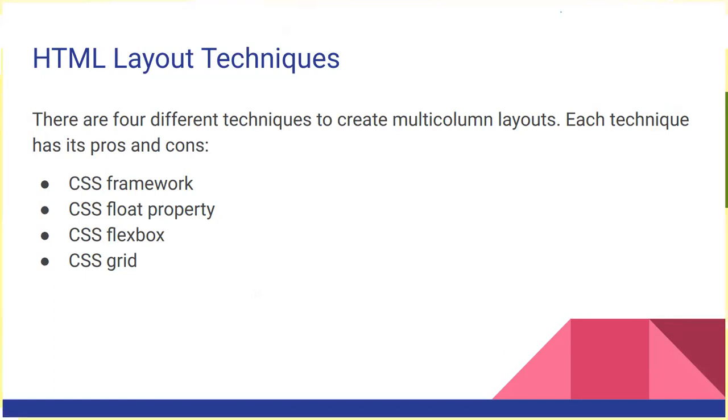To build a layout, there are four techniques we can use: a CSS framework, the CSS float property, CSS flexbox, or CSS grid. We can cover these once we talk about CSS in later sessions. Altogether, we can build a layout using these.